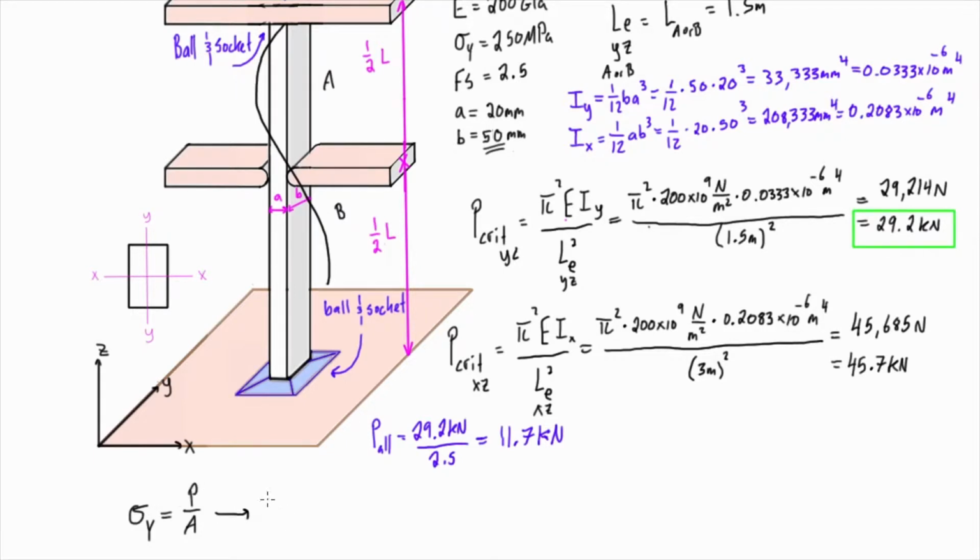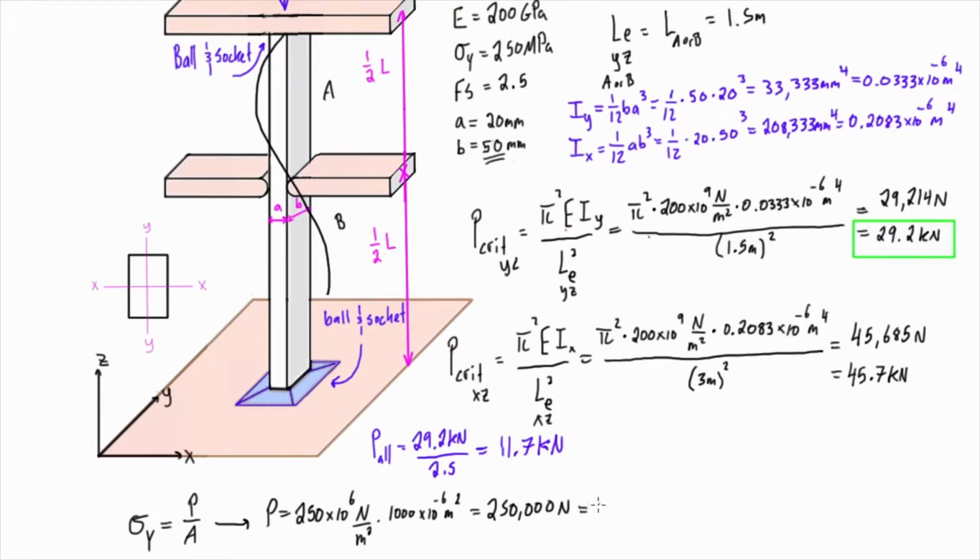We're going to get P is equal to 250 times 10 to the 6 newtons per meter squared times 1,000 times 10 to the minus 6 meters squared, and that's going to give us 250,000 newtons, or just 250 kilonewtons.